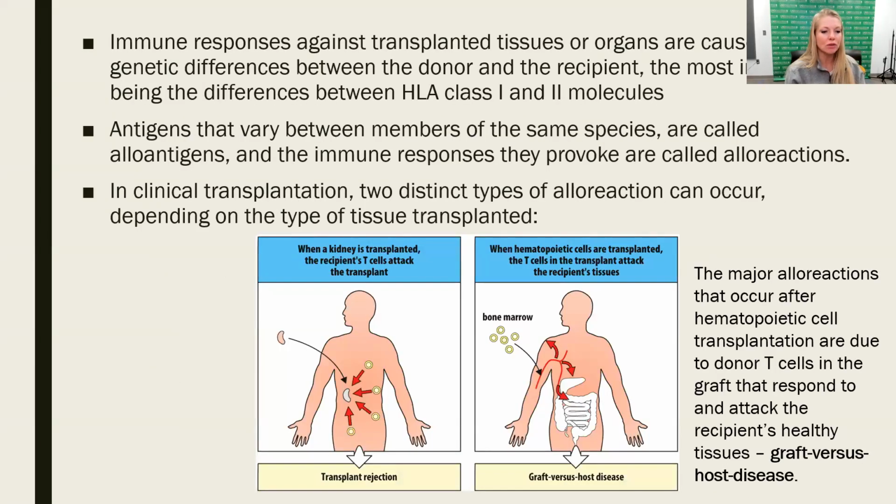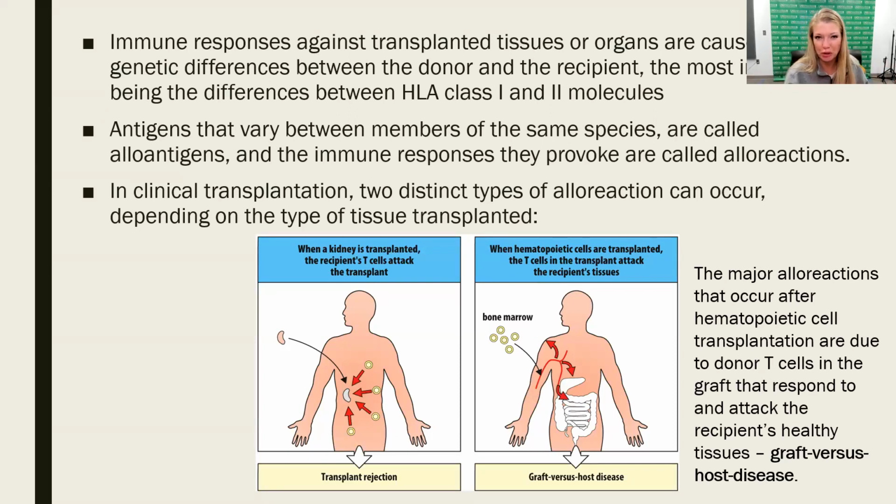And when we talk about rejection, it is everything to do with the external molecules on the surface of the cells within that tissue or within that organ. And these external molecules are the HLA, the human leukocyte antigens, but remember that HLA molecules are the same as MHC molecules.